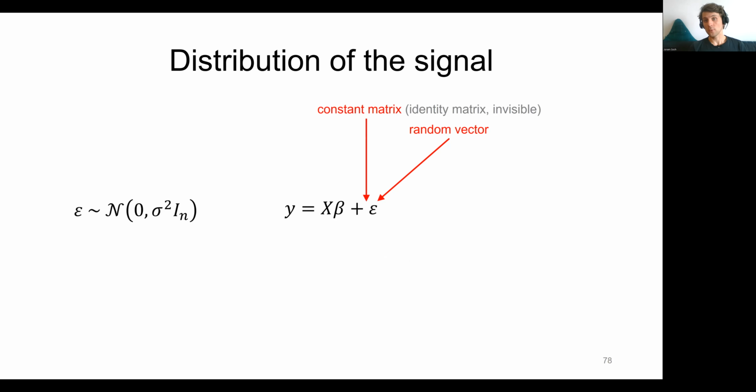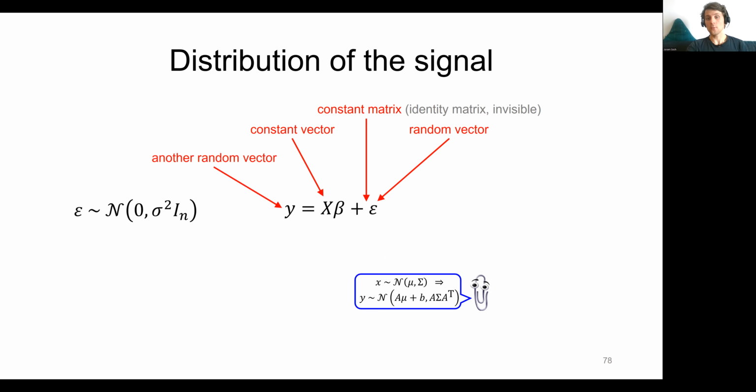Then we have a constant matrix, here invisible because it's the identity matrix, and we have a constant vector which is added to this. So the result will be another random vector, which according to the linear transformation theorem has a multivariate normal distribution with mean X times beta, so the true underlying signal, and the same covariance as before.